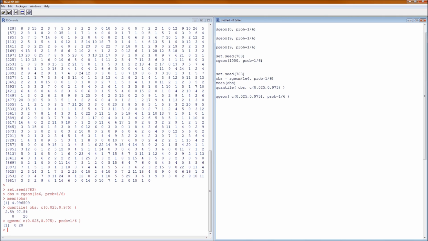But for discrete distributions, this could be a really good estimate. Now I have to ask: why would you ever want to estimate it using the quantile function when you can do it exactly using the q prefix? And the answer is, I don't know.